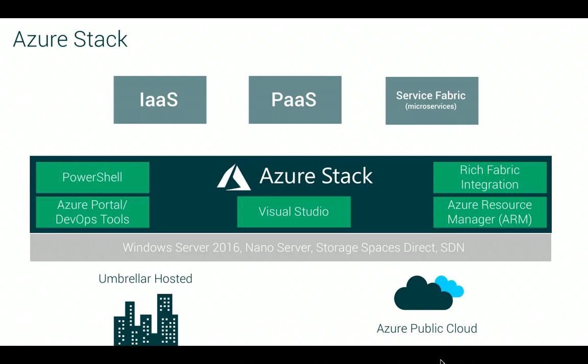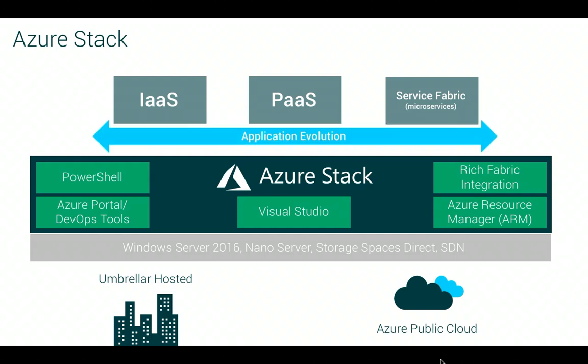So infrastructure as a service, platform as a service, and microservices through Service Fabric, allowing your applications to be deployed in their current fashion from a traditional infrastructure perspective through virtual machines, but also allowing your runway to consume platform services through different resource providers and ultimately extend to cloud native applications over time. So really giving you a runway for today and allowing you to extend over time without needing to inflict drastic change on your application architecture.